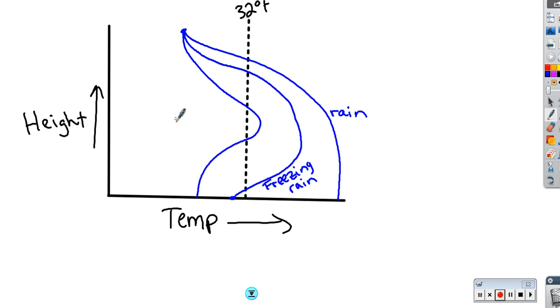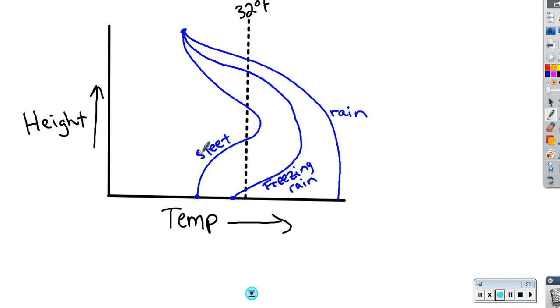So there's a layer of warm air that crept in here that forced the frozen precipitation to melt briefly, but because we're still pretty high off the ground, the precip has enough time once it crosses this boundary to refreeze again. So this precipitation has frozen again, but it has a different structure than it had when it was up in the cloud. These tend to be little pellets that can typically bounce when they hit the ground, and that's what we call sleet.